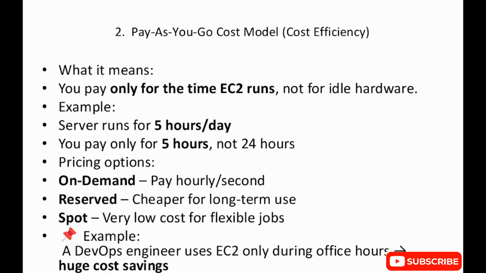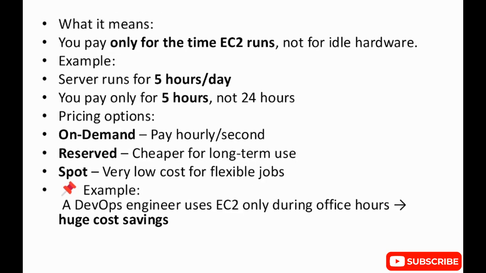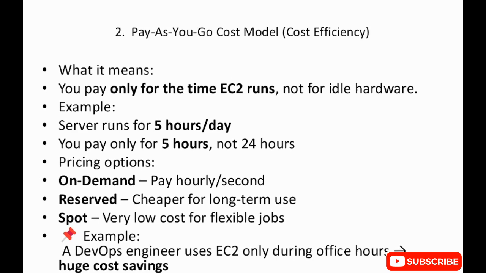Next one is the pay-as-you-go cost model. This is cost efficiency. What it means is you pay only for the time EC2 runs, not for idle hardware.